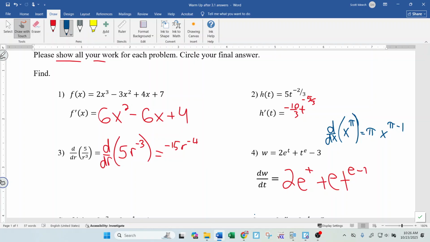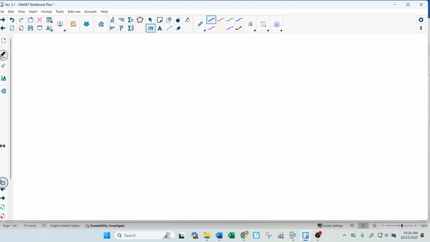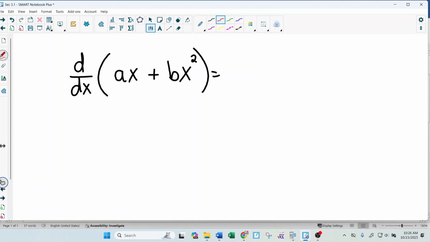Okay? So let me give you an example. Let's look at a simple example here to help us understand this. Let's say I have what is d dx of ax plus bx squared.